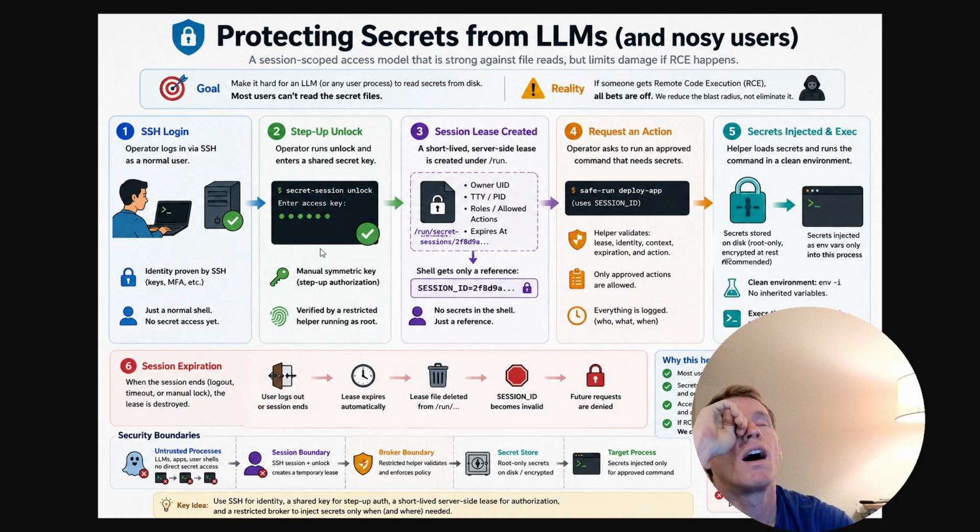What we have is a contract where, when I log in through SSH, we do what's called a PAM hook. I don't know at what layer exactly SSH operates, but it's probably close to the kernel.